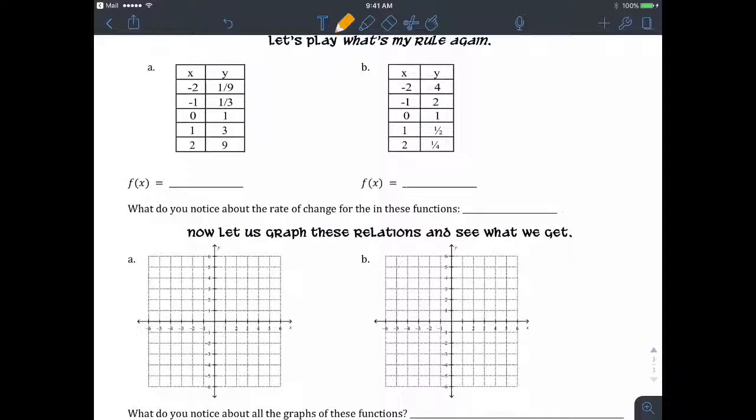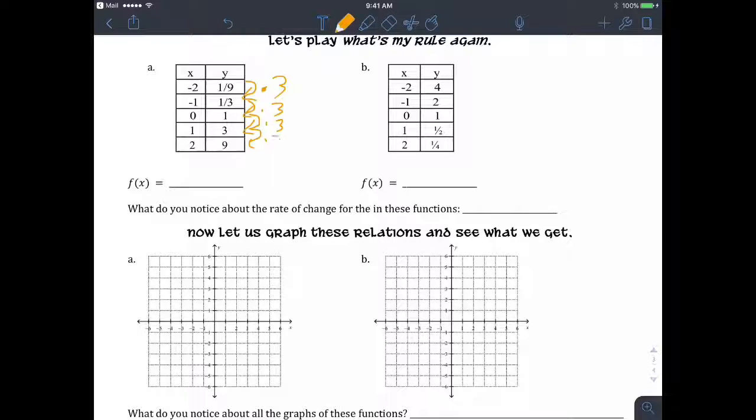Hey guys, so now in the third function family, this one is again a different function family. So you can see in the chart right here, what's happening is we are multiplying by 3 each time, because 1/9 times 3 is 1/3, 1/3 times 3 is 1, 1 times 3 is 3, and then 3 times 3 is 9.